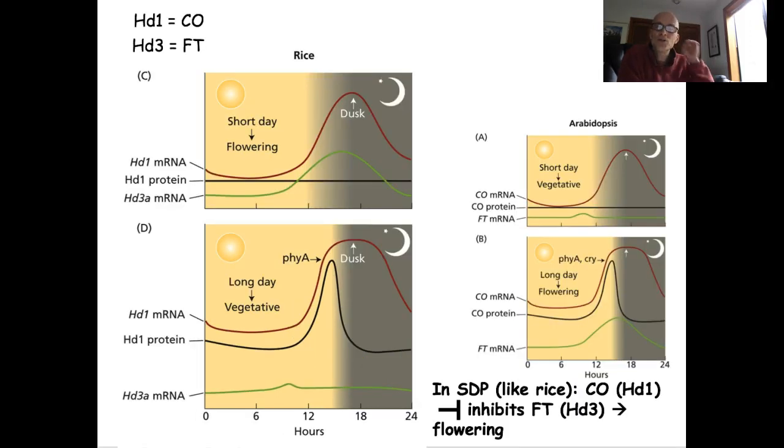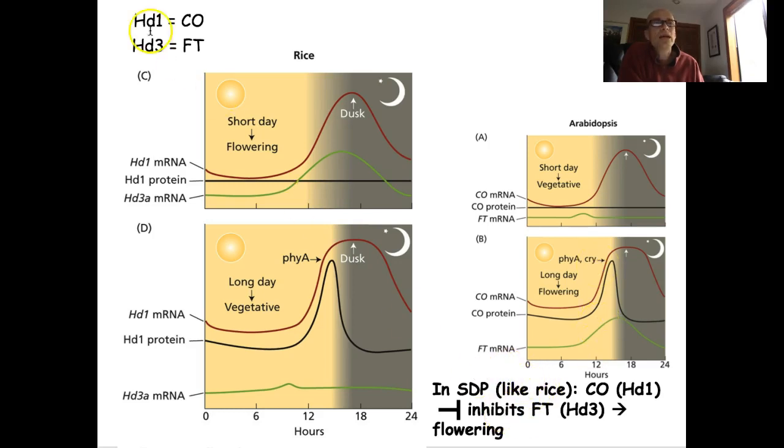Now, how is that in the short day plants, you might ask? Well, it turns out that in short day plants, evolution didn't invent a whole different pathway. The only thing that it changed was that Constans does not activate FT, but it inhibits FT. Here's an example for rice, and on the side I put the Arabidopsis example so that you have it side by side.